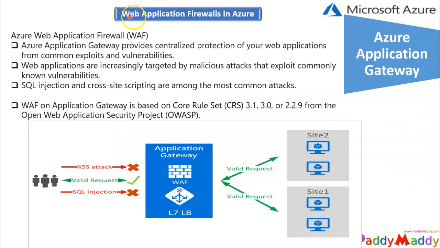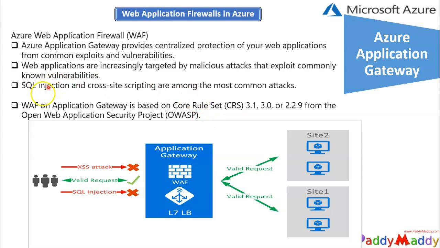When we try to configure web application firewalls for Azure Application Gateways, it basically works on core rule sets 3.1 or 3.0 or 2.2.9 from the Open Web Application Security Project. This is actually managed by F5, Cisco, and other third-party community, which focuses on all web application security, and also on security vulnerability finding and securing.